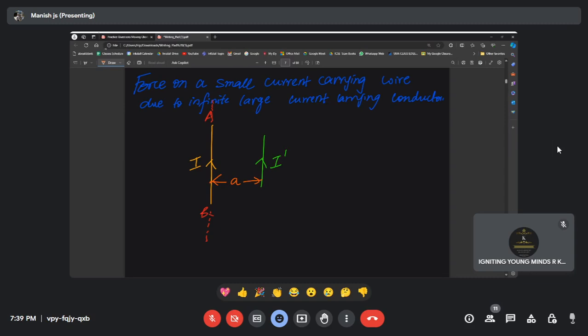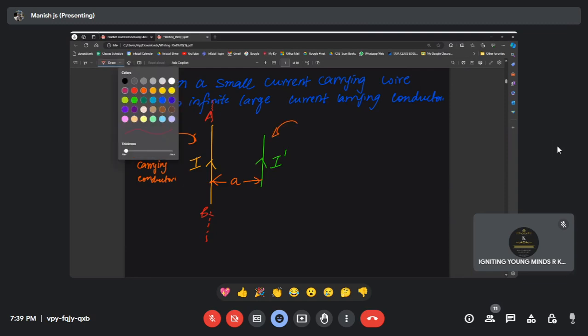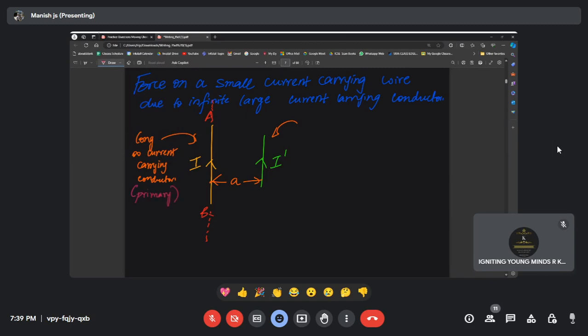Whenever you have a long infinite current carrying conductor, this is the long infinite current carrying conductor, and this is the secondary conductor. The first conductor will act as your primary, so I will call this the primary conductor.